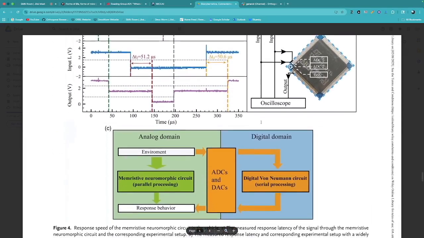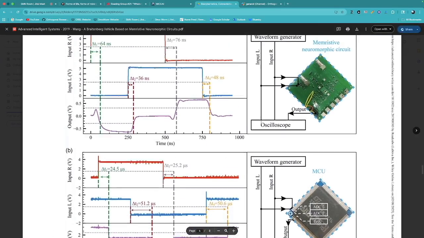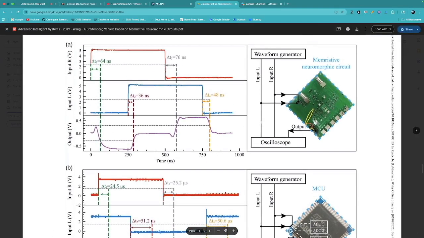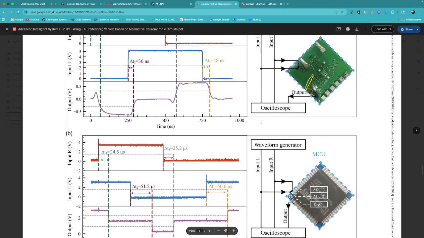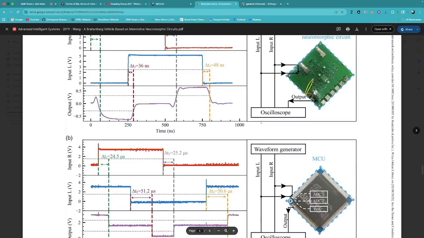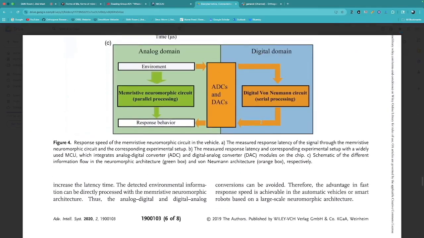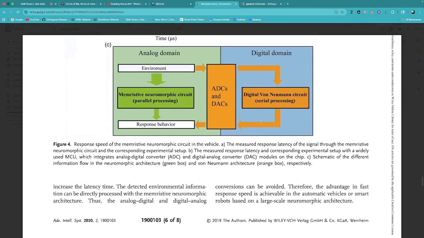And so then, yeah, they give this overview of the memristive circuit and the different input values and that sort of thing. Remember, this is an analog system, not a digital system. And then, of course, they show the difference between the memristive neuromorphic circuit and a digital von Neumann circuit.